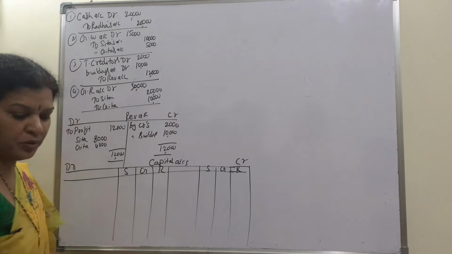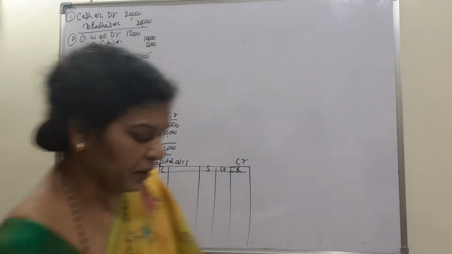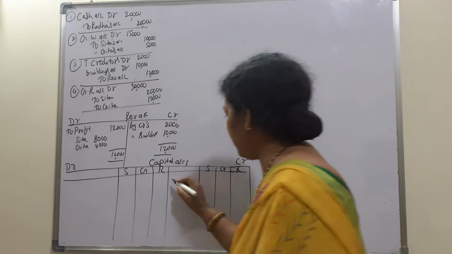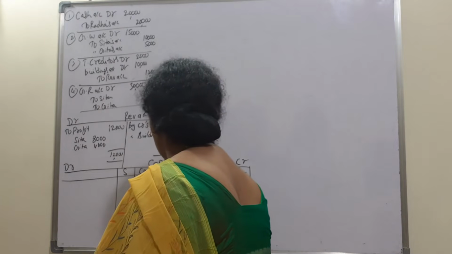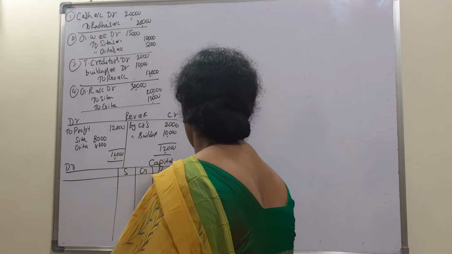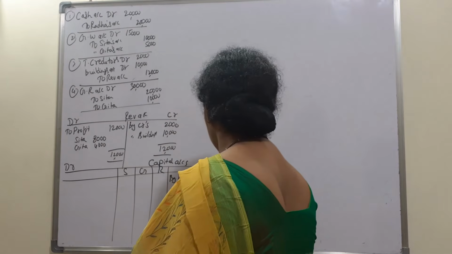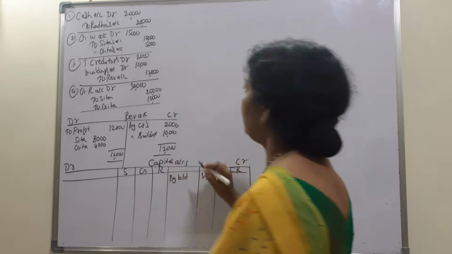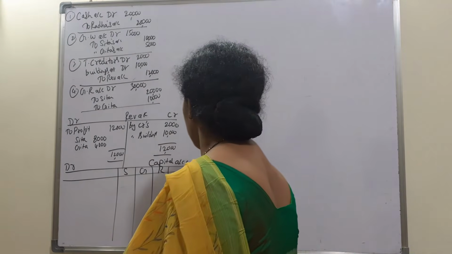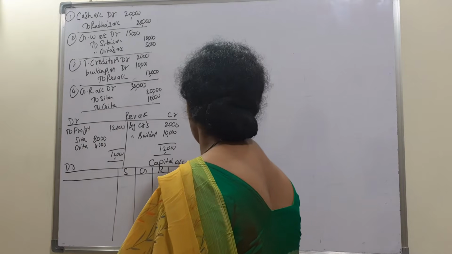In the capital account, we start with the opening capitals of Sita and Geeta, 30,000 and 10,000, by balance brought down. And here Radha brought cash of 10,000, so by cash.